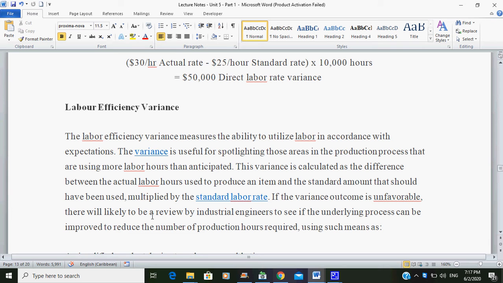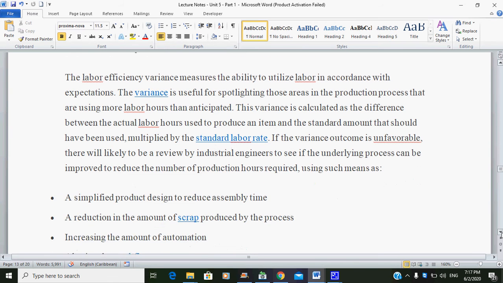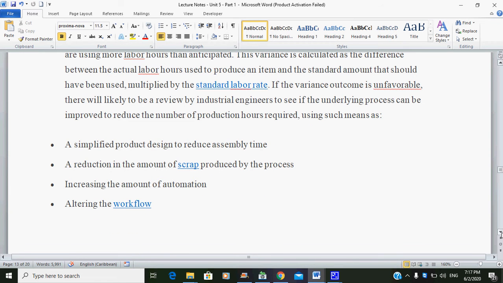Using such means as a simplified product design to reduce assembly time, a reduction in the amount of scrap produced by the process, increasing the amount of automation, and altering the workflow. If this cannot be done, then the standard number of hours required to produce an item is increased to more closely reflect the actual level of efficiency.